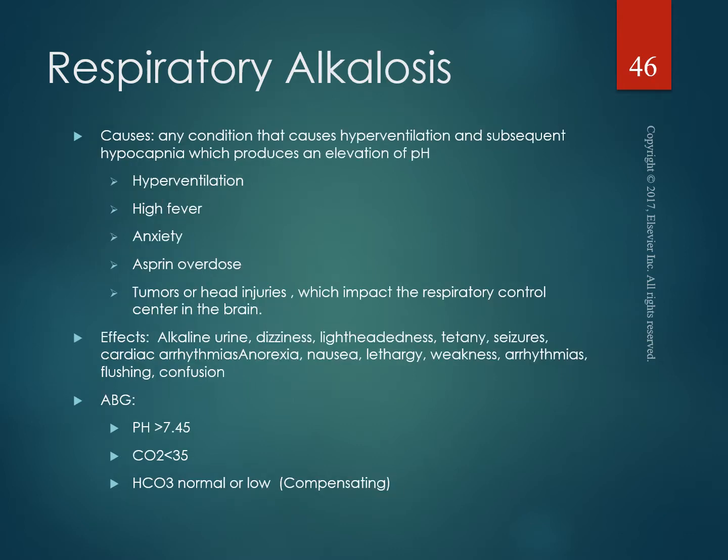So you have respiratory alkalosis. This develops from a decrease in carbon dioxide level from a respiratory origin. Causes are any condition that causes hyperventilation and subsequent hypocapnia, which produces an elevation of pH.